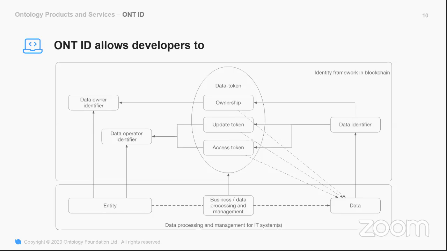And apart from that, all of the data can have its identifier. We just turn the data token into an on-chain token. And with the blockchain, with ontology, we provide the update token and the access token, which can be quite similar to non-fungible tokens or semi-fungible tokens.